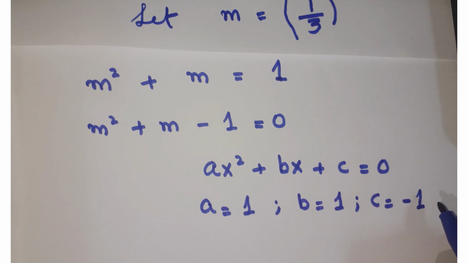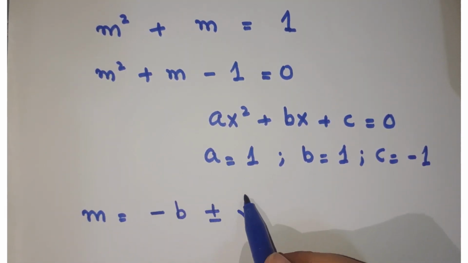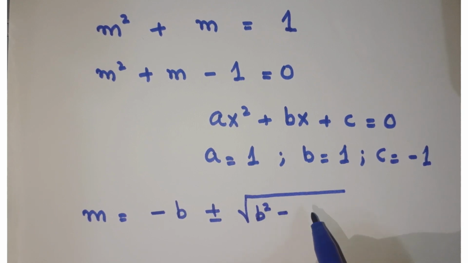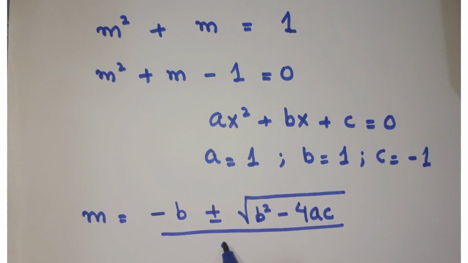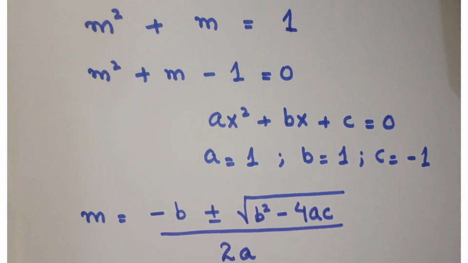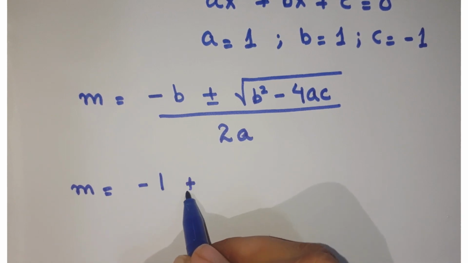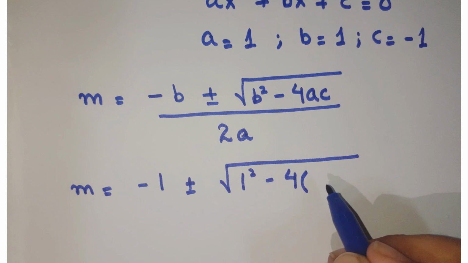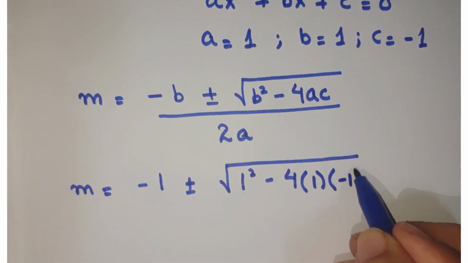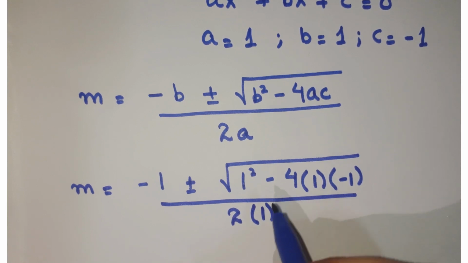Now putting these values in the standard quadratic formula, that is minus b plus minus under root b square minus 4ac upon 2a. So you get m is equal to minus 1 plus minus under root 1 square, that is 1, minus 4 into a, that is 1, into c, that is minus 1, upon 2 into 1.